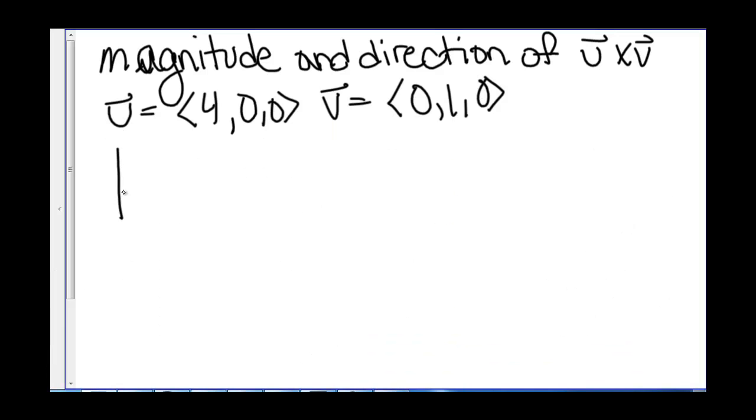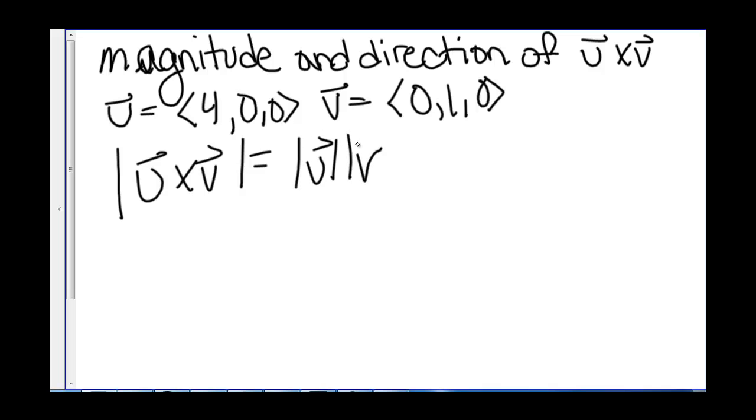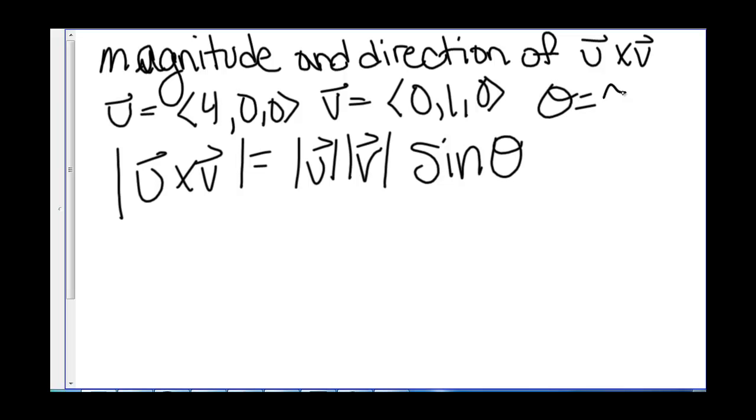The magnitude of u cross v is equal to the length of u times the length of v times the sine of theta, and we determined that theta was 90 degrees, or pi over 2.